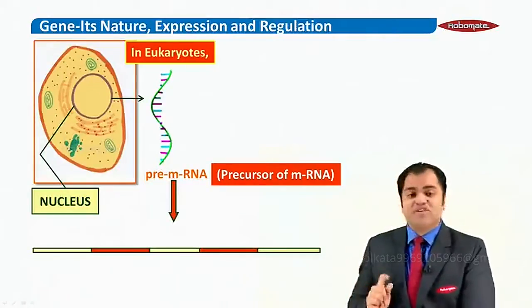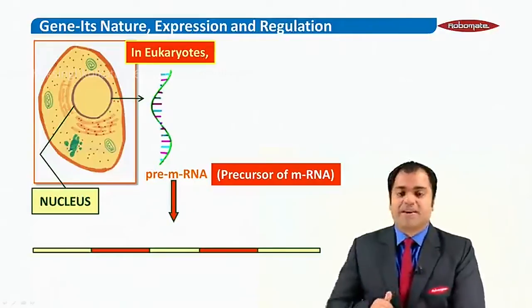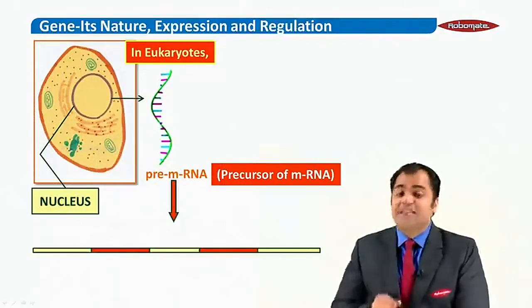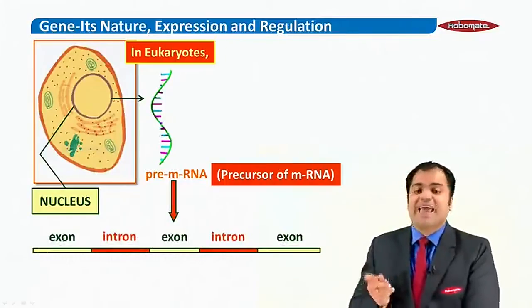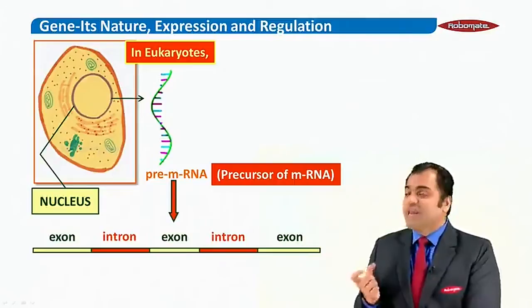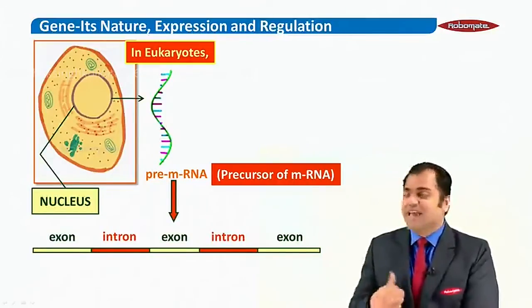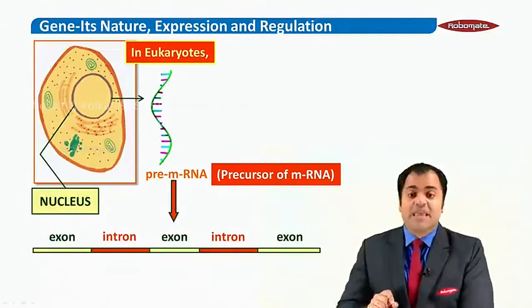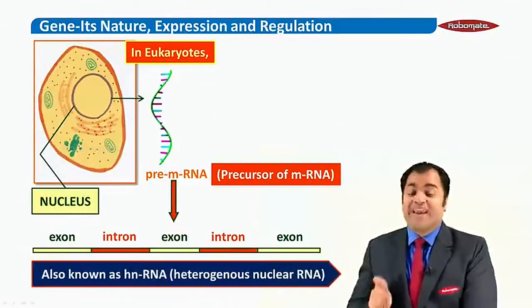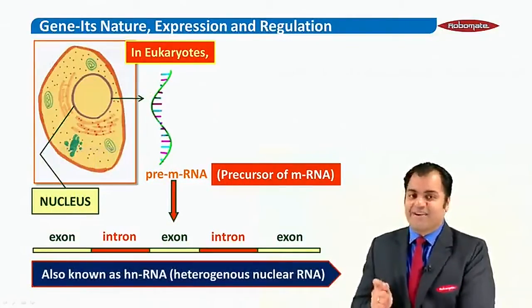It has two regions, right? I've shown you here in a cream and a pink color, right? And these two regions are respectively called exons and introns. Now, because the pre-mRNA is made up of two different regions, the exons and the introns, it is also called hnRNA or heterogeneous nuclear RNA.